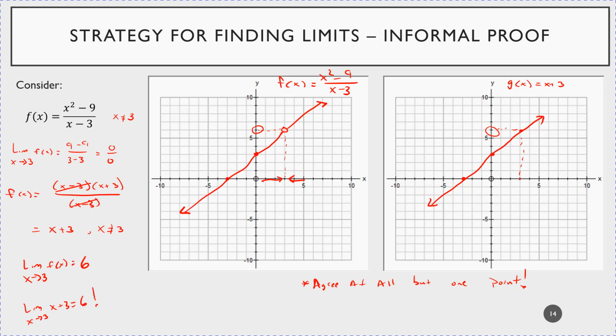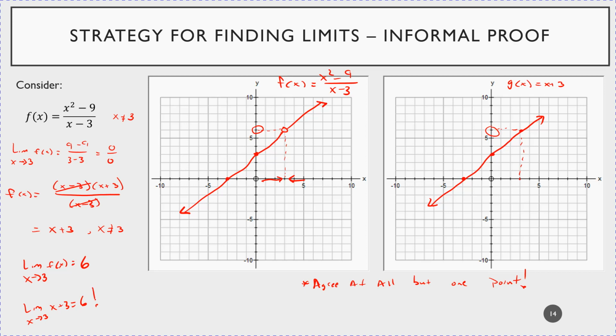So this process of canceling out factors to evaluate a limit works. If you have a rational function and you plug in the limit and you get this 0 divided by 0, this thing called indeterminate form, it generally means there's some method you can use to solve.